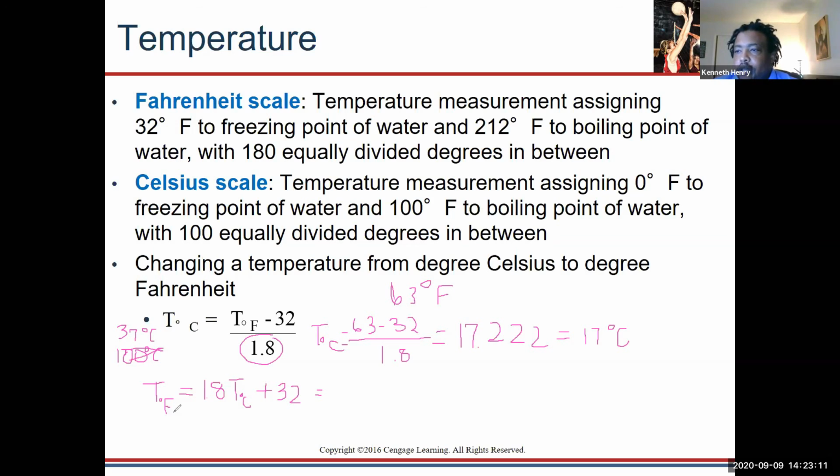Okay, so 1.8 times 37 degrees plus 32. What does that equal?